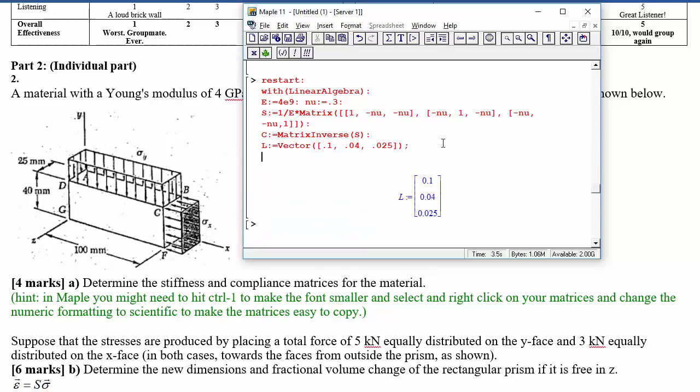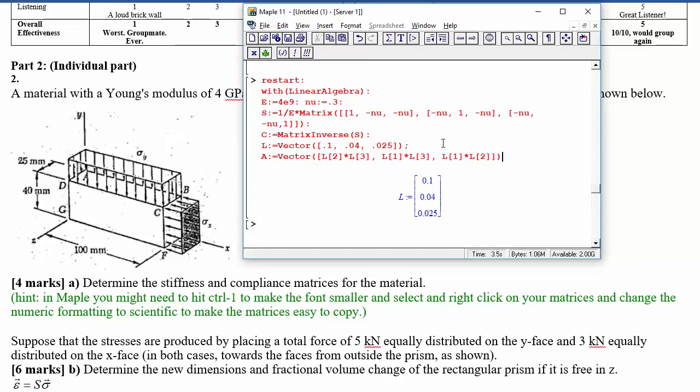We'll check that this works out. Yeah, great. Now we can figure out the stress by finding the area first. So the area would be L2 times L3, L1 times L3, and L1 times L2.